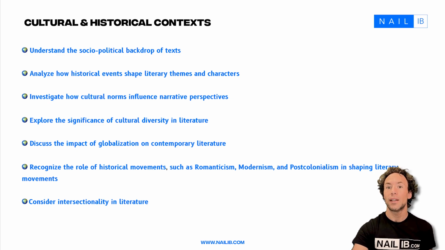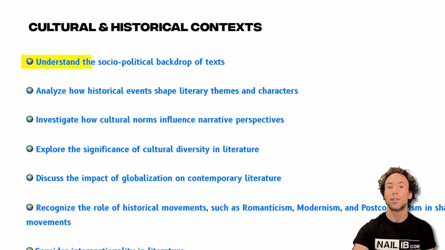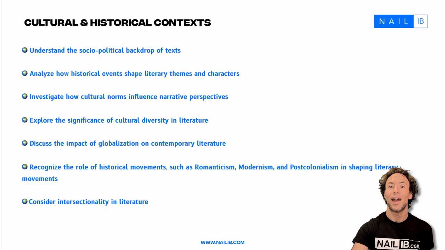The first objective of this first section, this cultural historical context, is to understand the socio-political backdrop of a text. This first objective is to really consider how literature reflects the social and political realities of the time in which it was written.